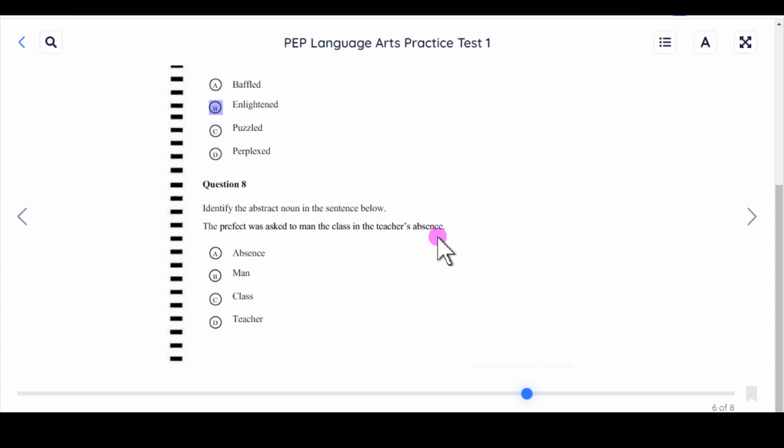But absence, this is my abstract noun. Let's go with man. No, this is a verb. Class, no. Teacher, no. So absence is the one that we would choose here.